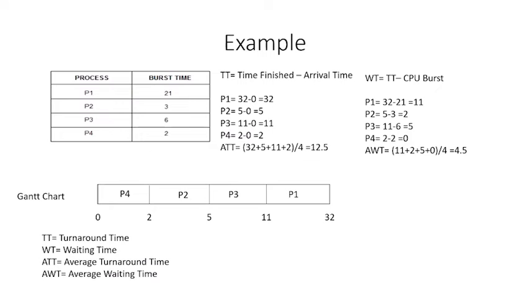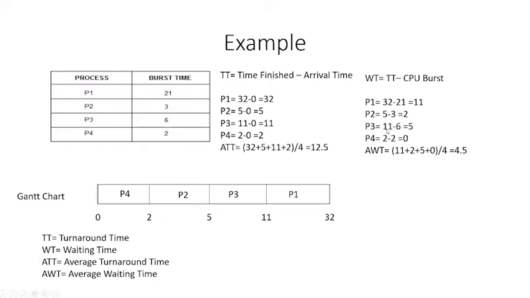Next we get the average waiting time. To get that, we first get the waiting time. The formula for waiting time is turnaround time minus CPU burst. So for P1, 32 minus 21 equals 11. For P2, 5 minus 3 equals 2.